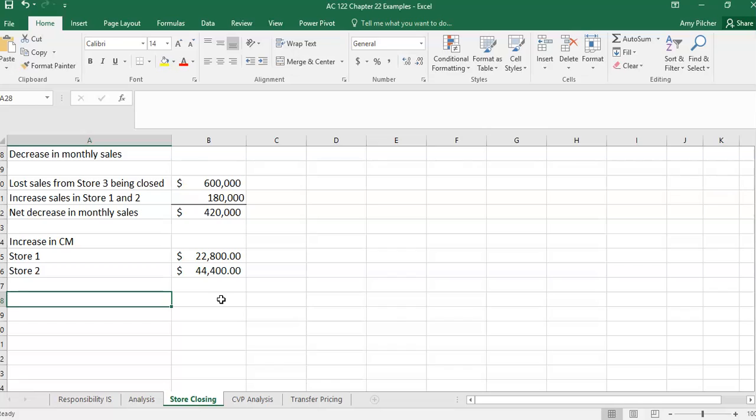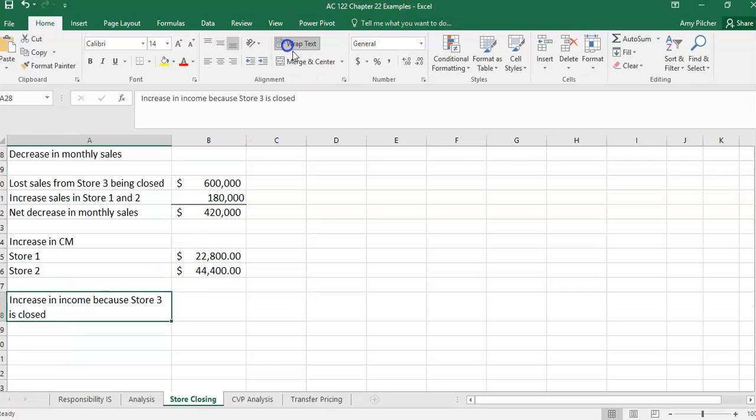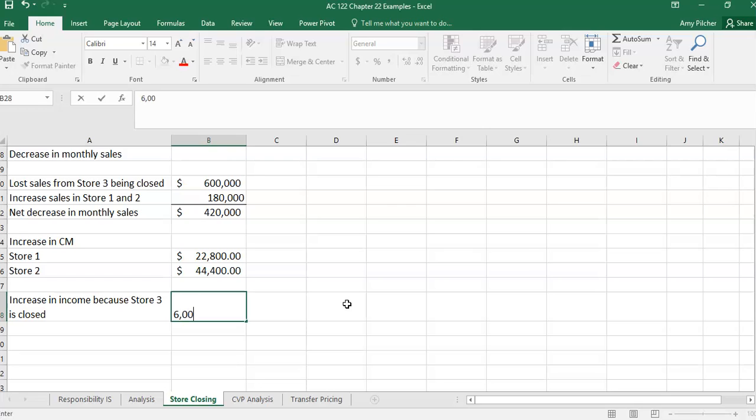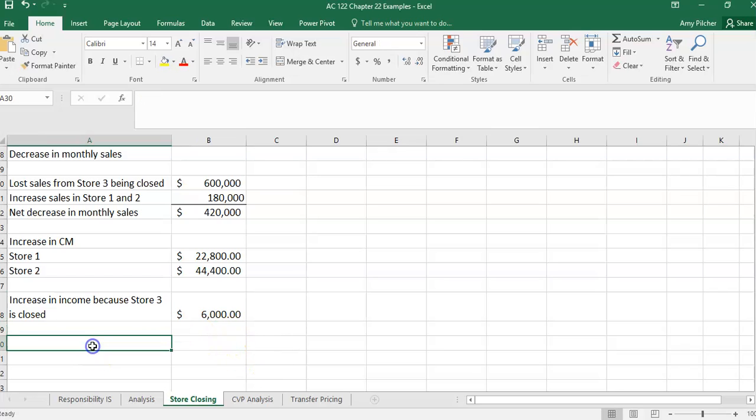We also have an increase in income because store 3 is closed. So we have $6,000 for that because remember, store 3 had a negative $6,000 amount.